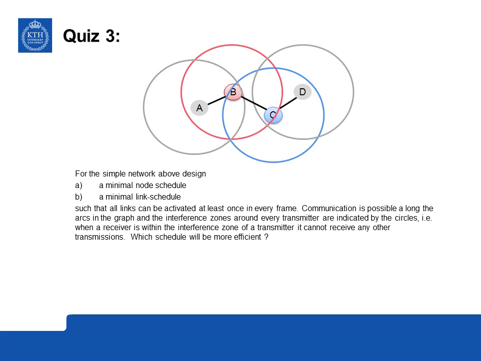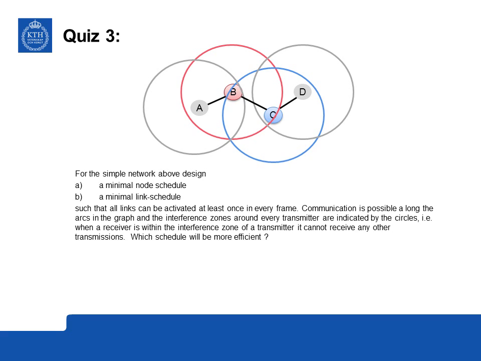So that brings us to quiz number 3. For a simple network as above with the 4 nodes, you're requested to design a minimal node schedule and a minimal link schedule. Minimal means the shortest schedule that you can find where all links can be activated.